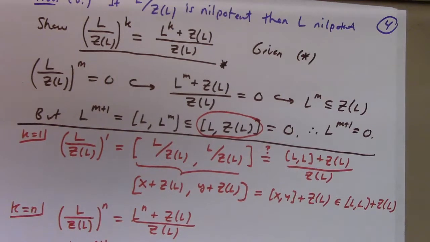But an example he gave is the two-dimensional non-abelian Lie algebra. I guess he's saying there's an ideal. That ideal is nilpotent, and L mod the ideal is nilpotent, but the two-dimensional non-abelian Lie algebra is not nilpotent.